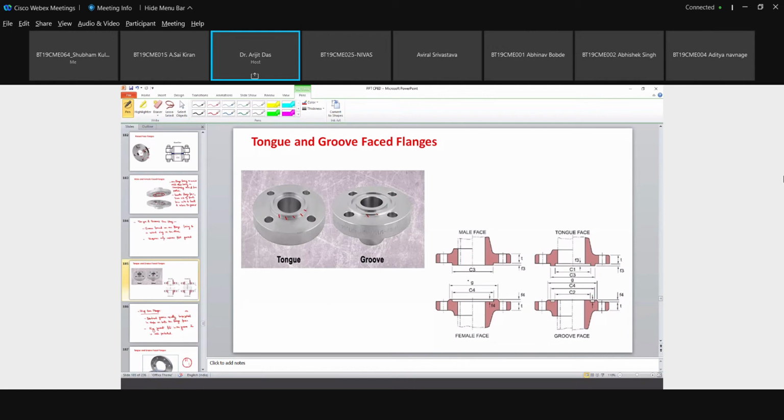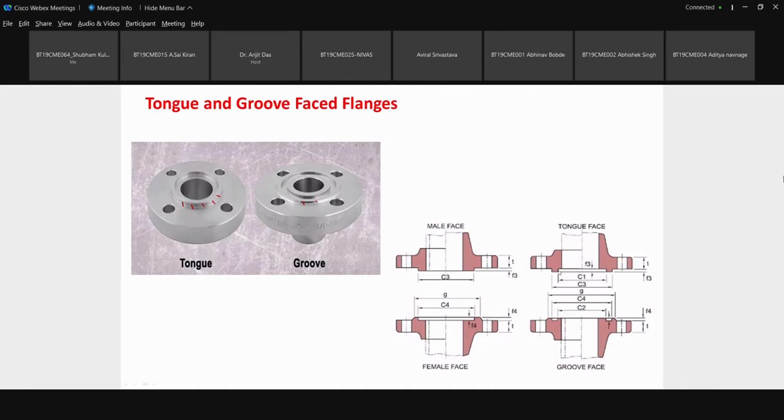So you see here the schematic diagram of both male and female and tongue and groove. At first, this is the tongue face, right side. This is the tongue face, and this is the groove. A circular groove is made, and both are perfectly fitted, and a gasket is placed in between the portions.